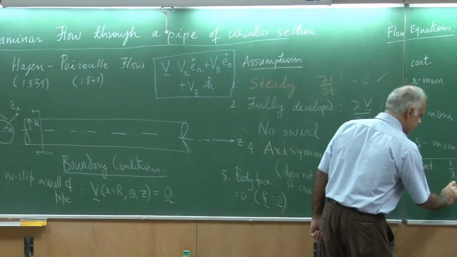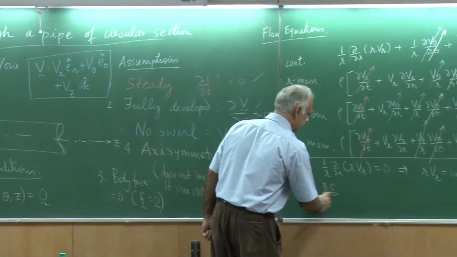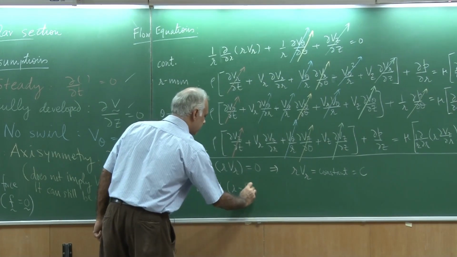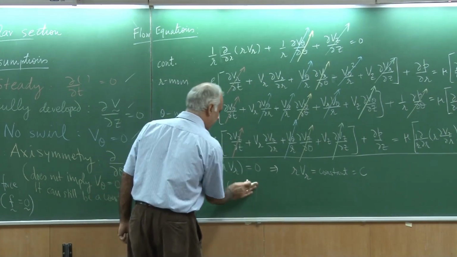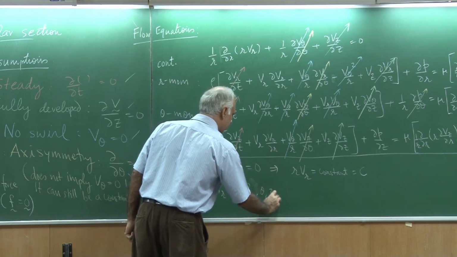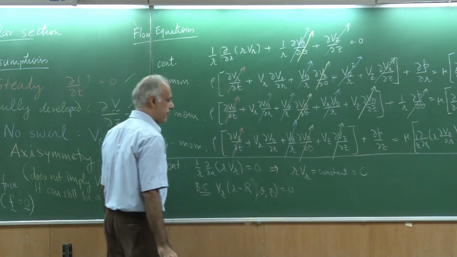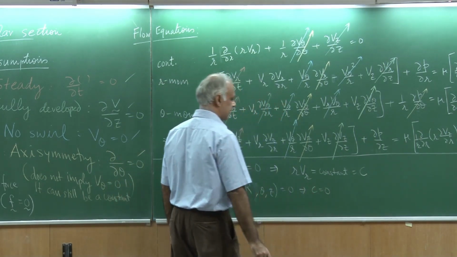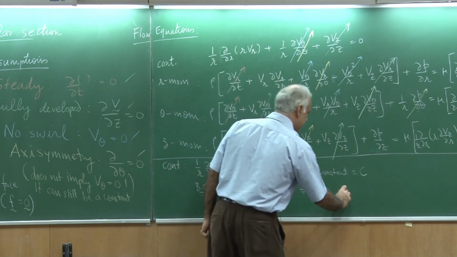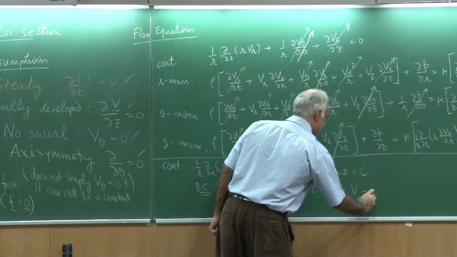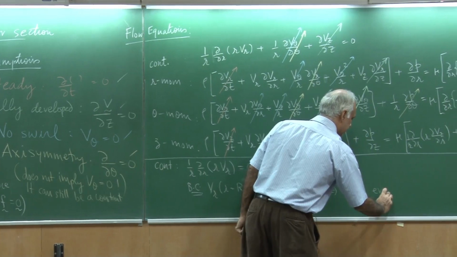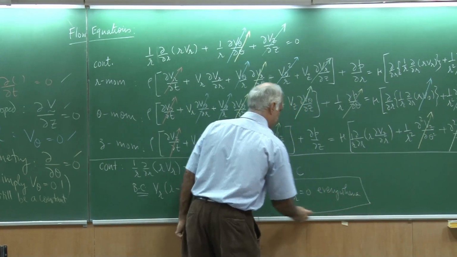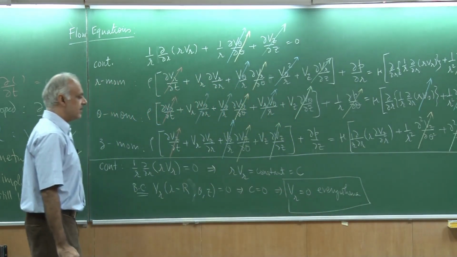So now I use the boundary condition here that my VR at r equal to capital R, and of course at all theta, at all z is 0, which really implies that C is 0, okay, and which therefore implies that VR is 0 everywhere. Great.